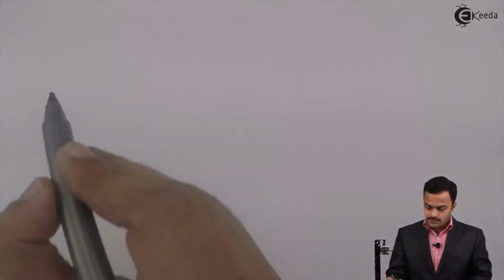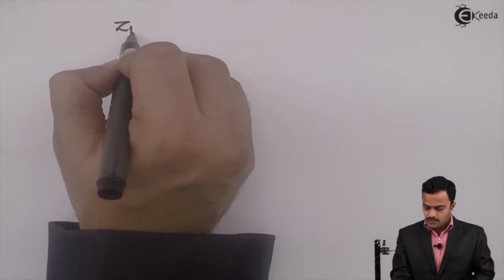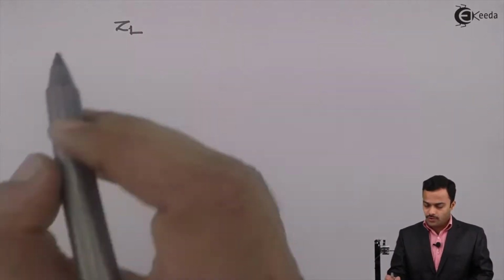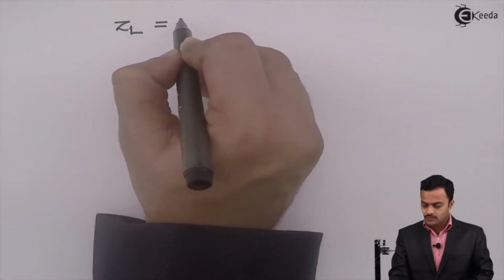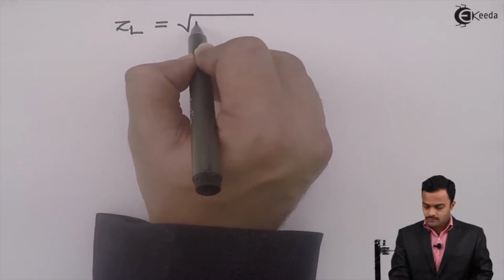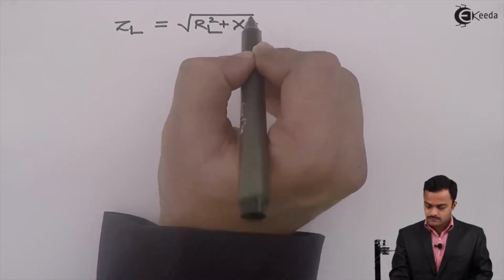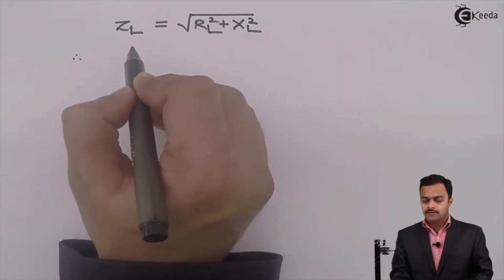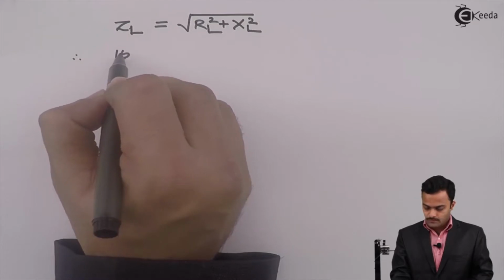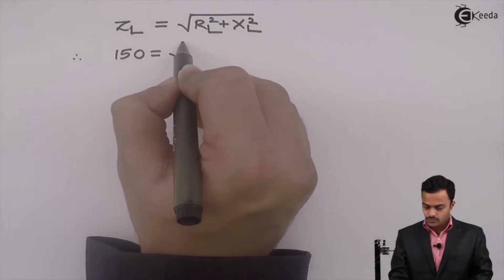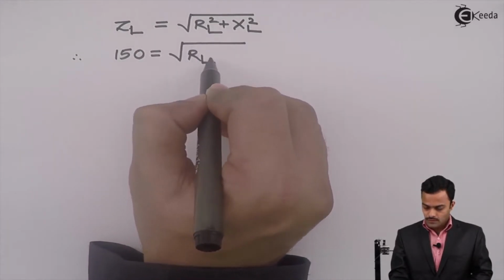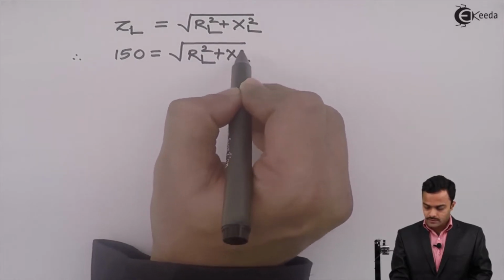Now I can find out RL and XL by using the formula of ZL, which is equal to root of RL square plus XL square. ZL we calculated as 150 ohm, so it's 150 equal to root of RL square plus XL square.